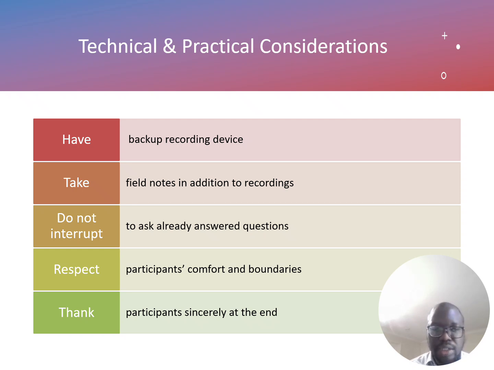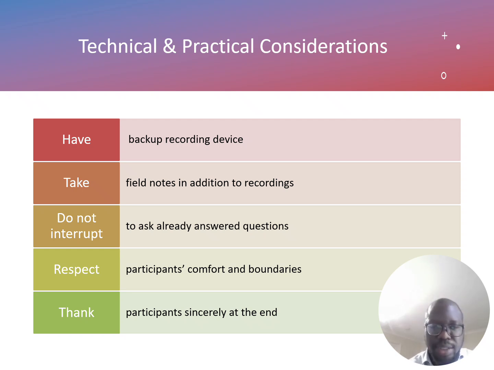And like I said, you don't want to ask an already answered question just because you are trying to go through the checklist of your prompts. You also want to respect participants' boundaries. I'm saying that because sometimes they are not comfortable talking about something, especially if you're doing phenomenology, and they are not comfortable sharing a particular experience.